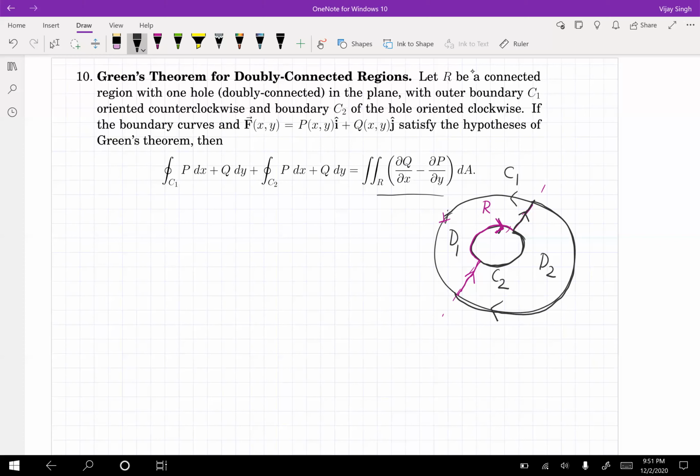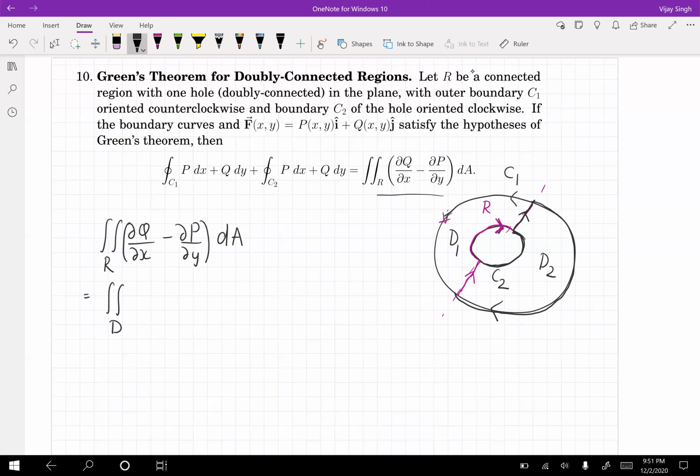Okay. So now we have the following. The double integral over region R of ∂Q/∂x minus ∂P/∂y dA, because the double integral is additive over two regions as long as they only overlap in boundaries.